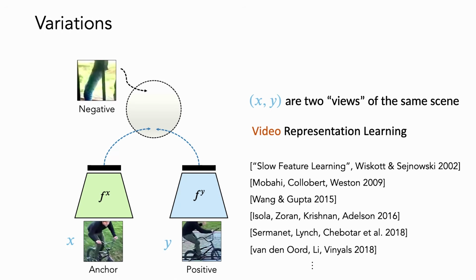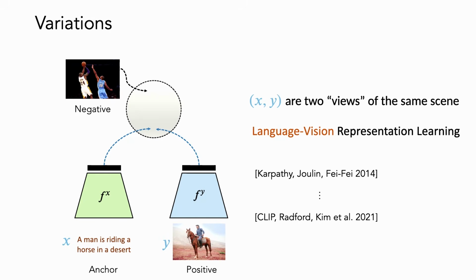Or you could think about representation learning over video, where you take frames randomly sampled from the same video as positives and a frame from another video as negatives. Right now your model needs to learn something about potential similarity over time. And there's lots of different works that do this sort of thing. You can think about using vision and language as views of the same scene, right?